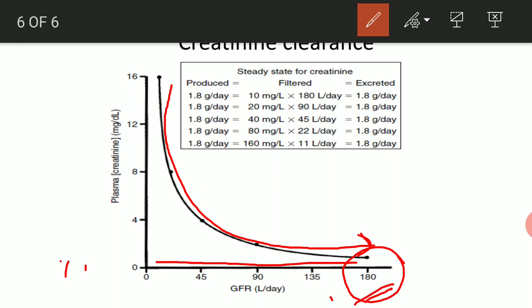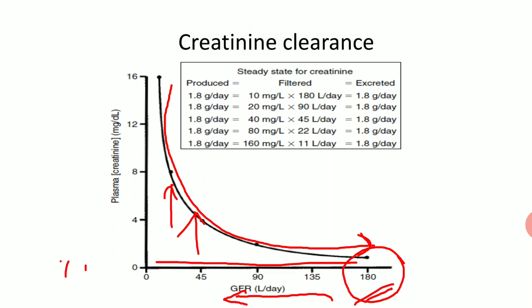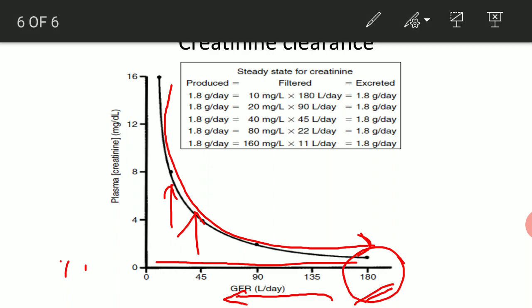As the GFR is decreasing, you are seeing it is inversely related. So you are seeing increased concentration of the plasma creatinine. So plasma creatinine can be a surrogate marker of the glomerular filtration rate of a person. And in this table what we are seeing is that produced creatinine should be equal to excreted creatinine.